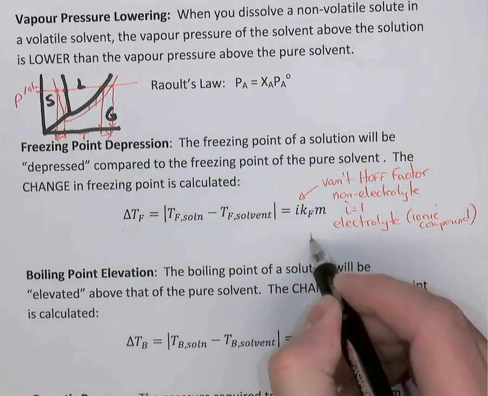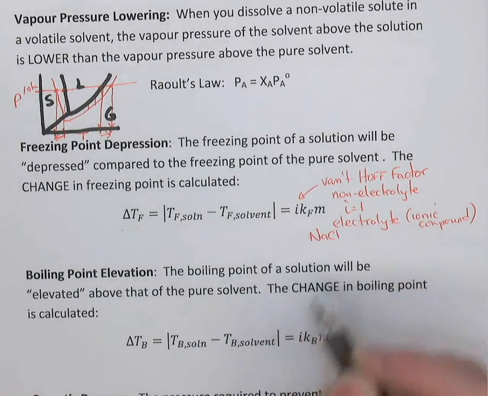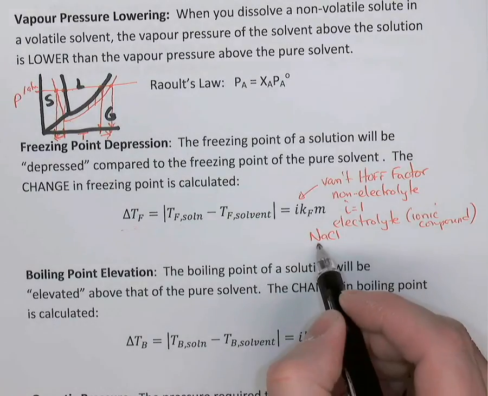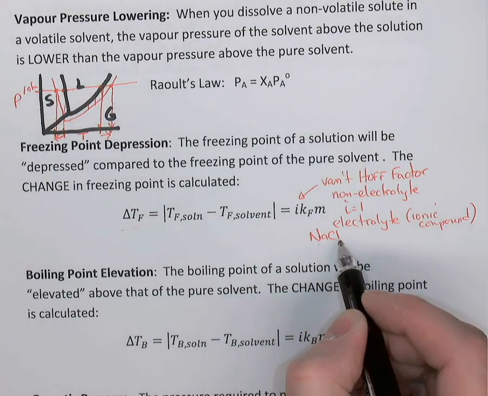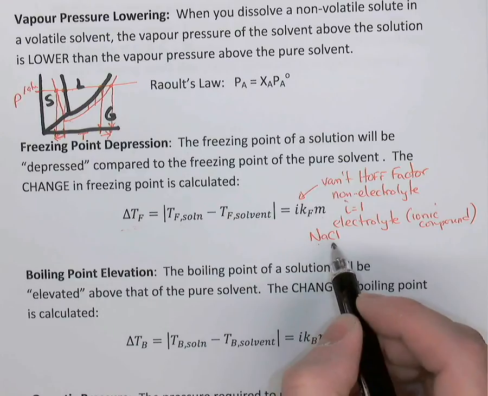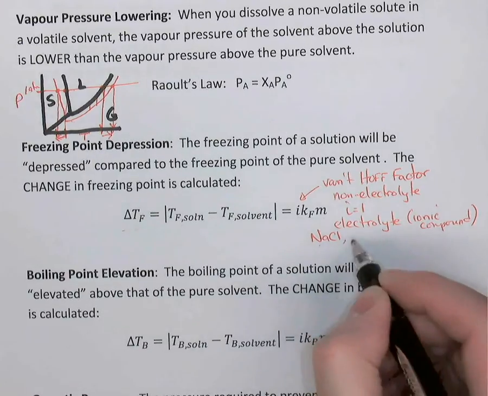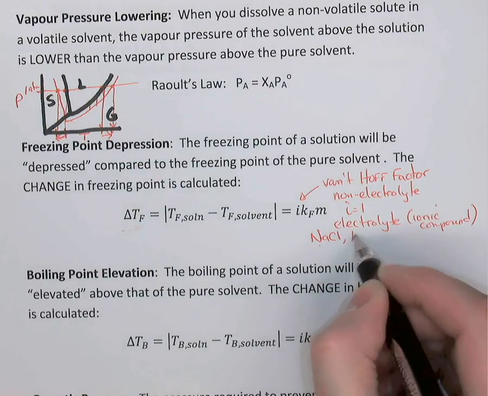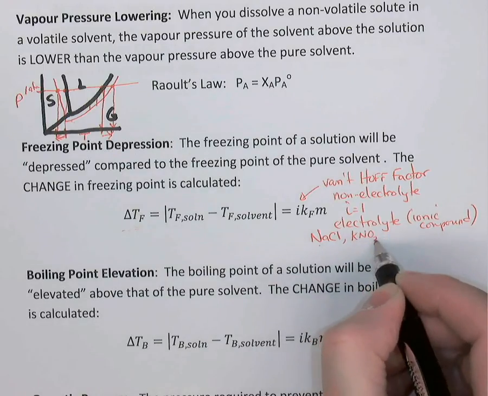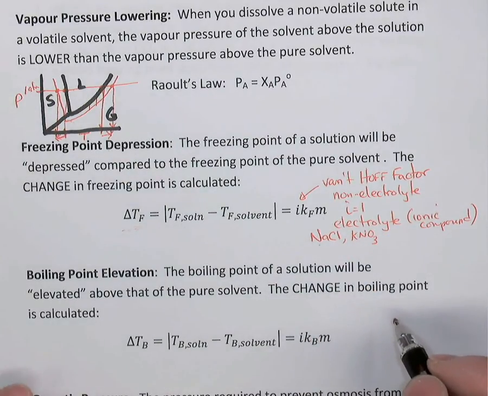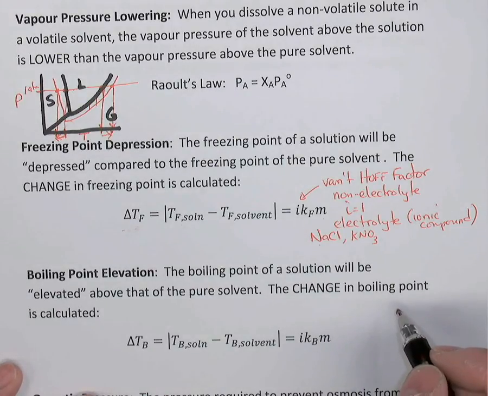For example, if you dissolve a mole of sodium chloride in water, you'll get a mole of sodium ions and a mole of chloride ions. So 1 mole of sodium chloride actually produces 2 moles of ions. In the same way, 1 mole of potassium nitrate, KNO3, would produce 2 moles of ions, a mole of potassium ions and a mole of nitrate ions.